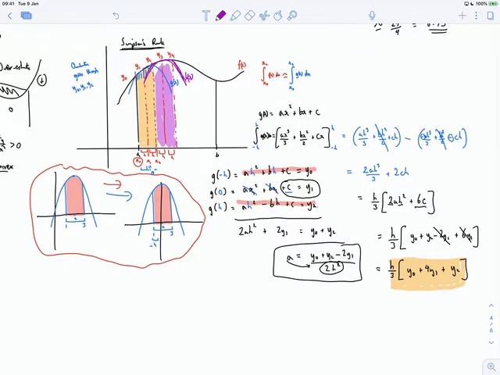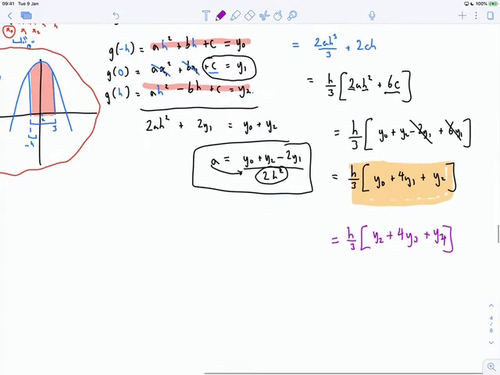Well, for the next region, it would be h over 3, but now this time the first value is y2. I'm going to have 4 lots of the next one, which is y3, and then I'm just going to have a single lot of y4. And then, can you see what's going to happen?